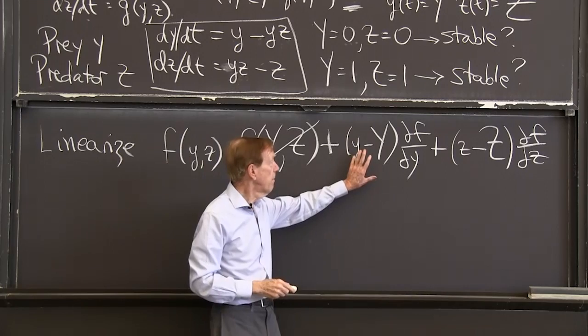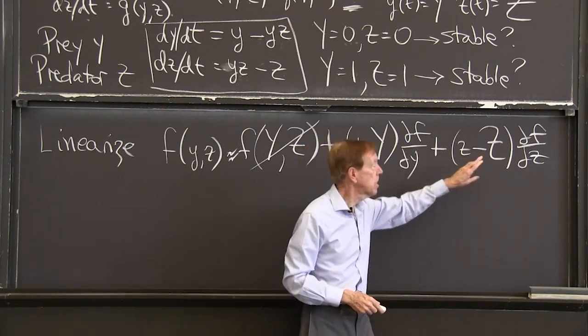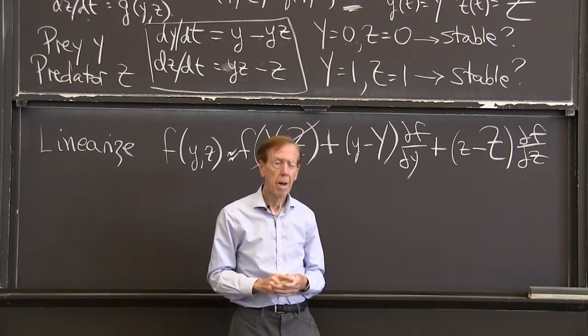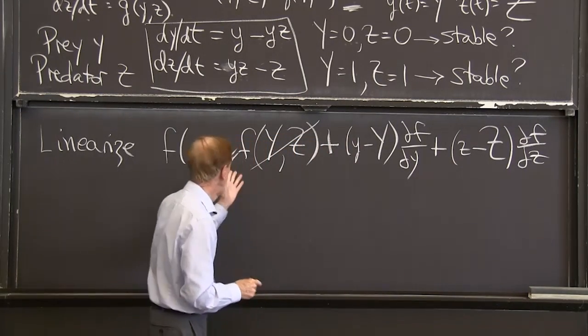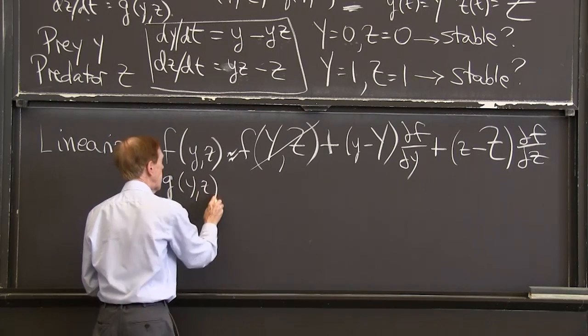So that's why we have linear in y and linear in z times some numbers, the slopes. But we have two more slopes because we have another function g of y and z.